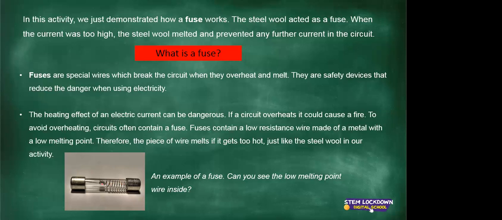So what happens is this is attached to your circuit, and if the current is too much, then it will burn off, it will break, and it breaks the circuit. So you can say it has a low melting point inside this wire here.